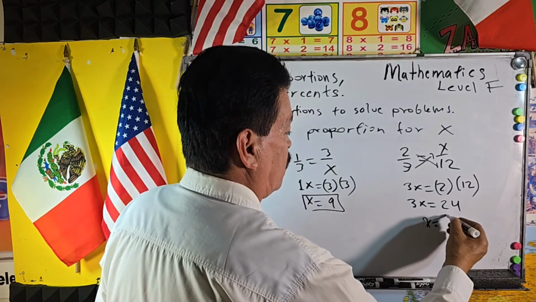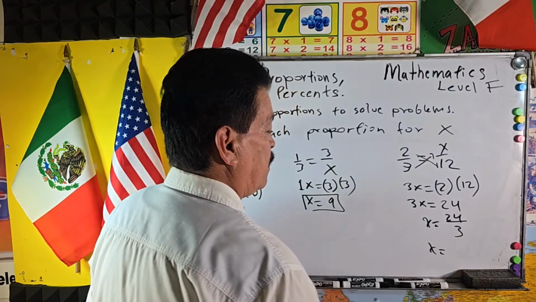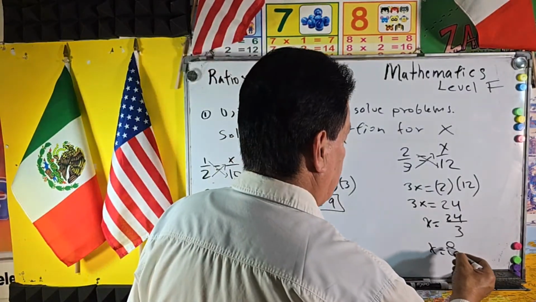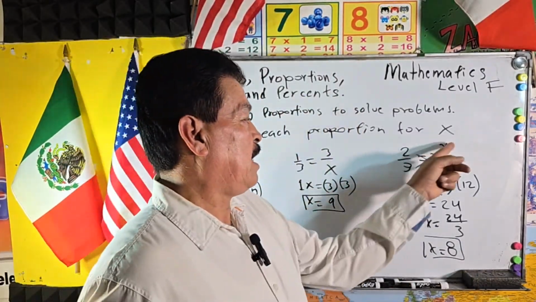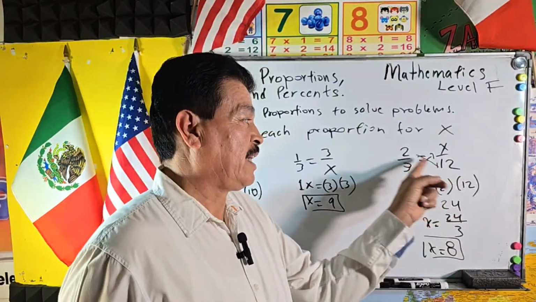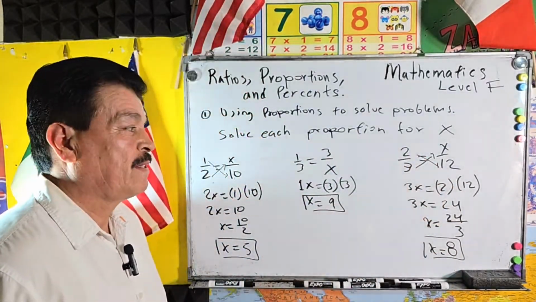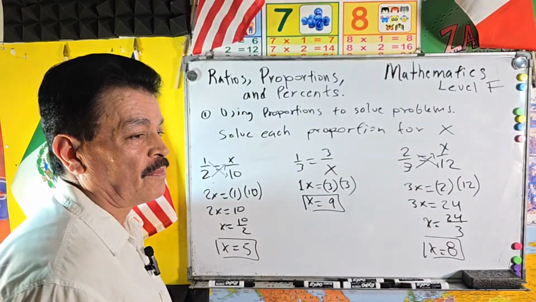So x equals 24 divided by 3. x equals 8. 3 times 8 is 24, 12 times 2 is 24. That's the solution to our problems.